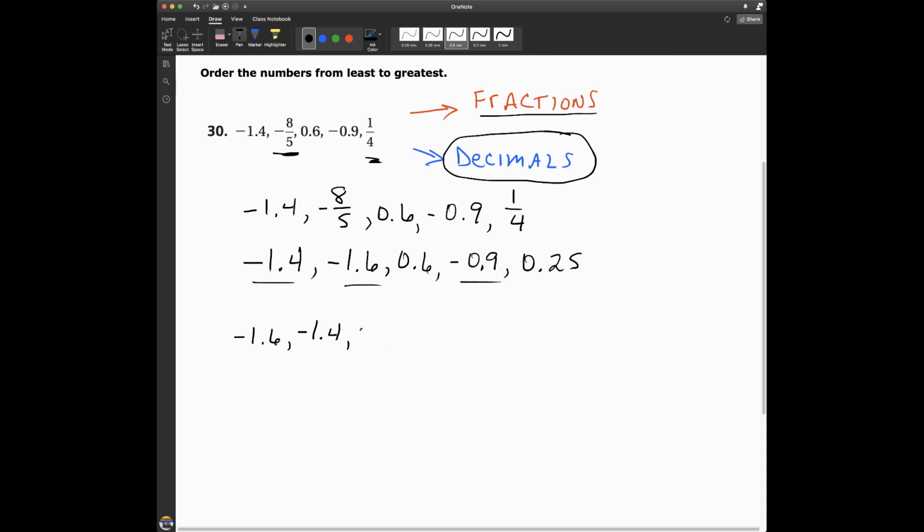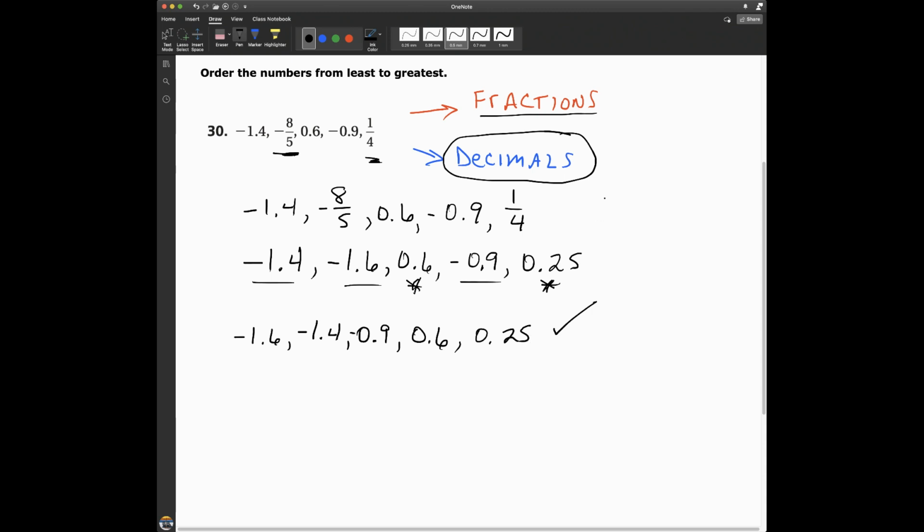So what comes next? Negative 0.9. And then I deal with my positive numbers. It's pretty easy to see that 0.6 comes next, and then 0.25.